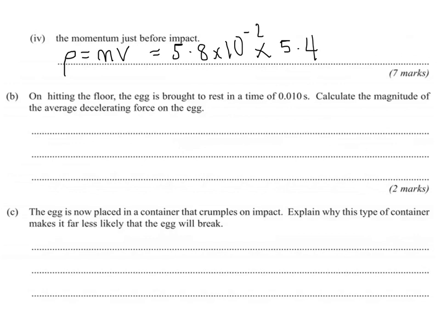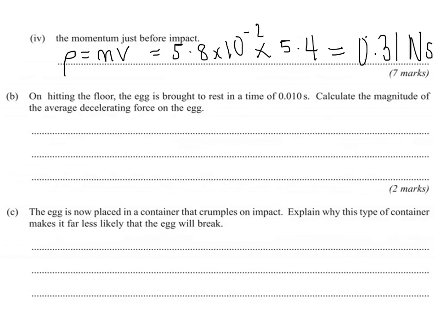When I'm actually calculating this, I will be using the unrounded version from the previous part, but just for the simplicity of answering this question, I'm going to write 5.4, and that should give you an answer of 0.31 Newton seconds.